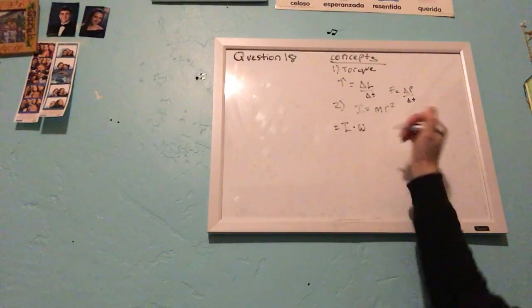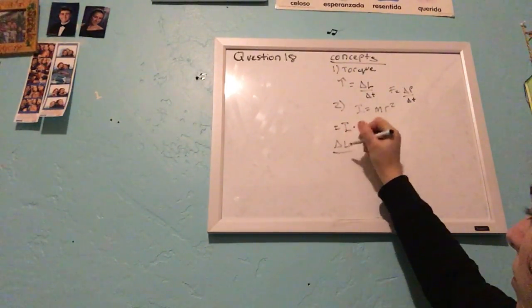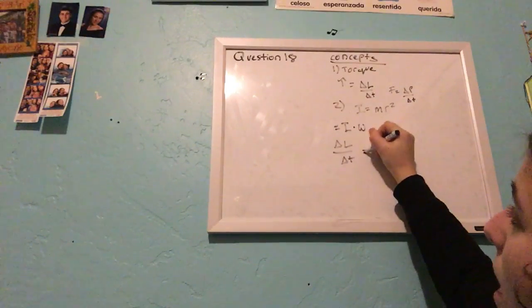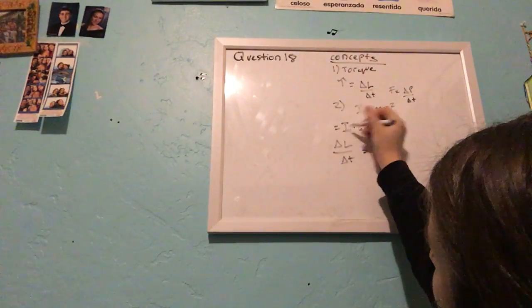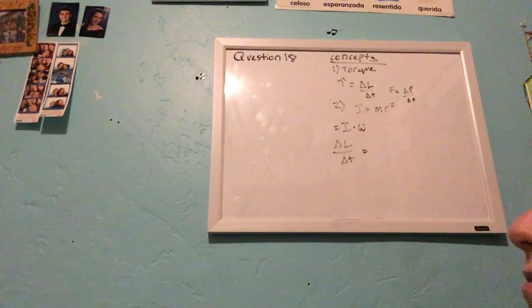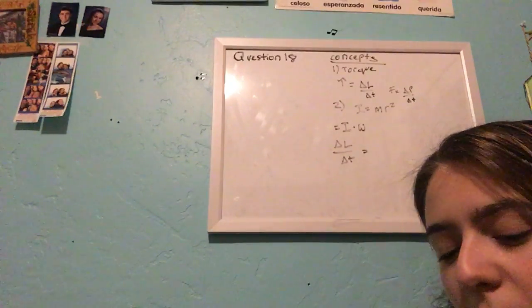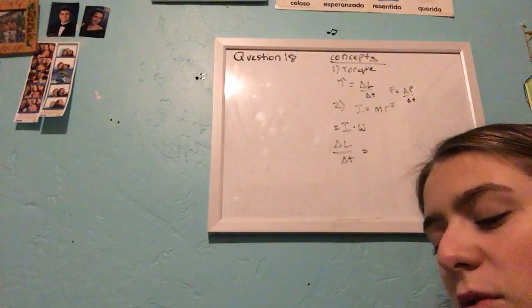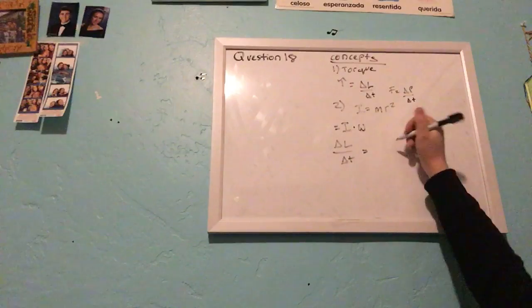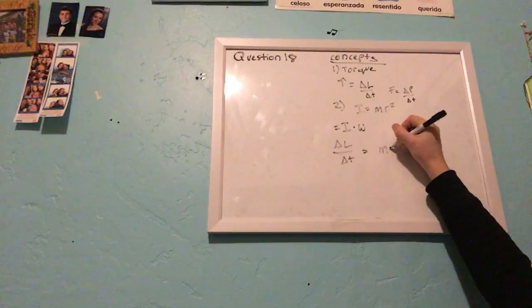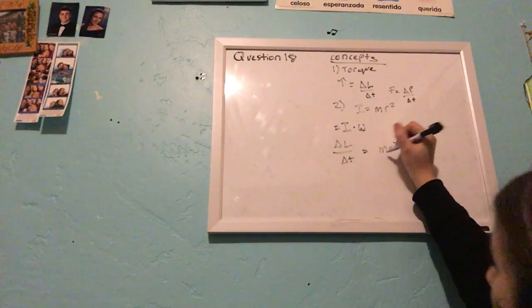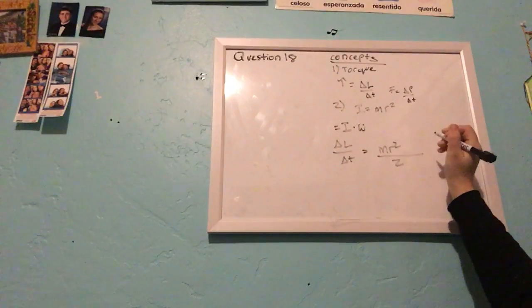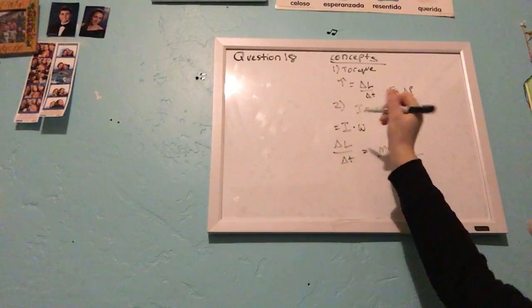First, we're going to do the change in L over the change in time. So, change in angular momentum. It shows above that I is equal to mr squared over 2, so we can put mr squared over 2 here.